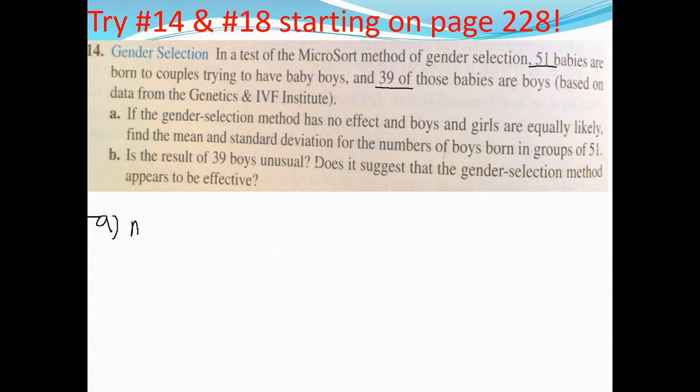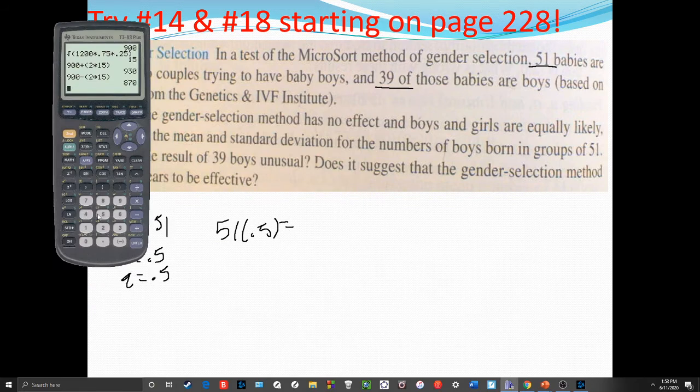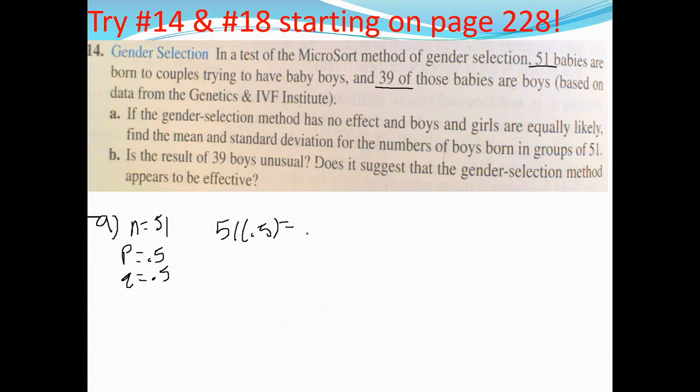We have our N is 51. Our P is 0.5, because we're assuming everything's normal. We're assuming the method doesn't work, essentially. So on average, we expect N times P. So 51 times 0.5, and we get 25.5.